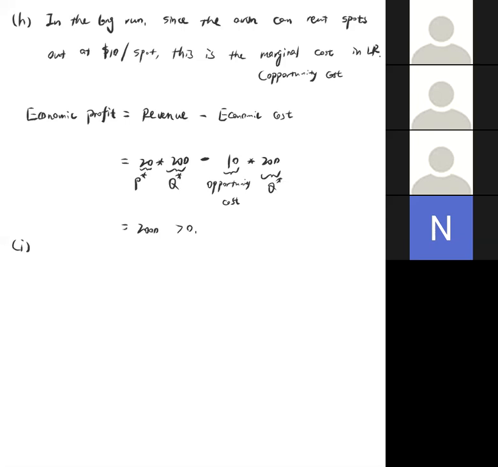Because the long run profit is 2,000, which is greater than 0, that means it's profitable. That's why more people will choose to enter the market, since it's profitable.